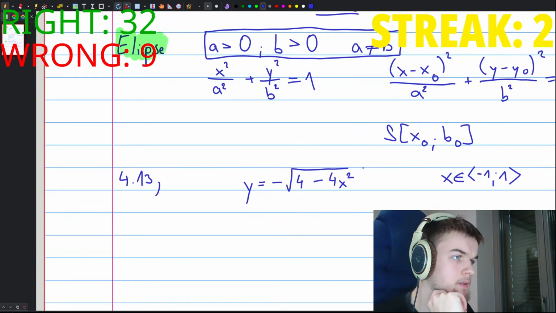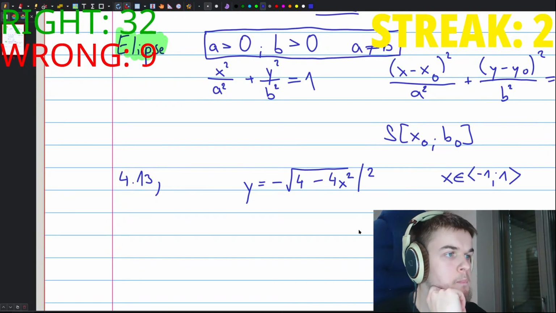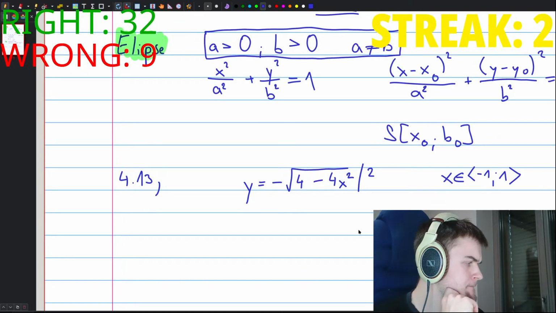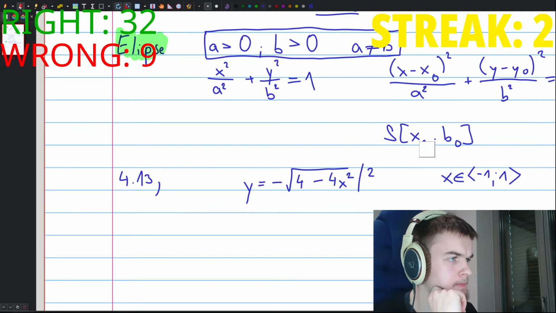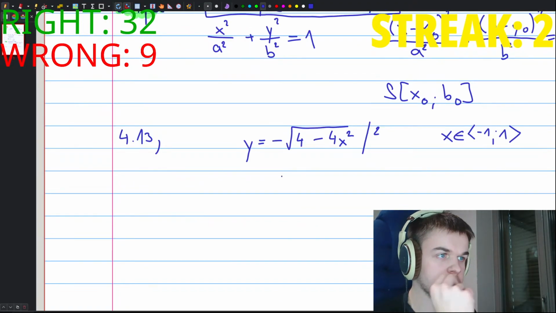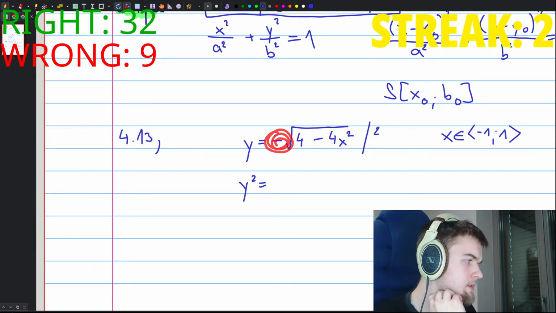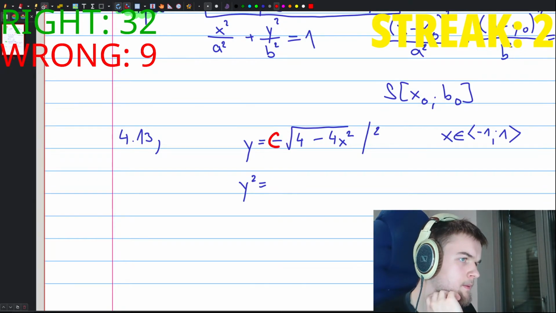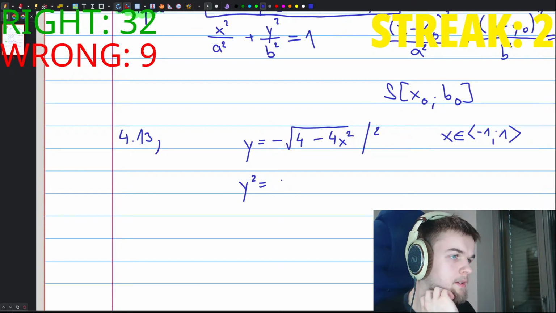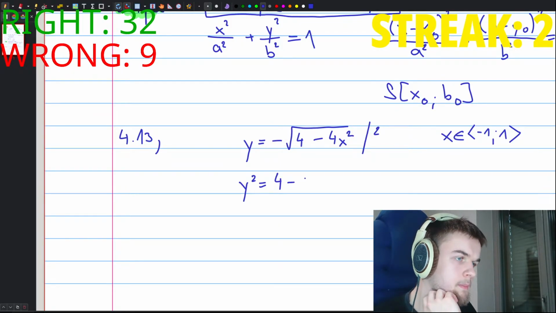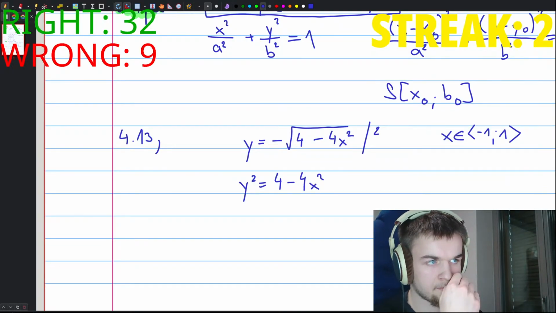So let's square both of the sides, which yields y squared equals. Yeah, this is tricky. If I square it like so, the minus should get eliminated: 4 minus 4x squared.